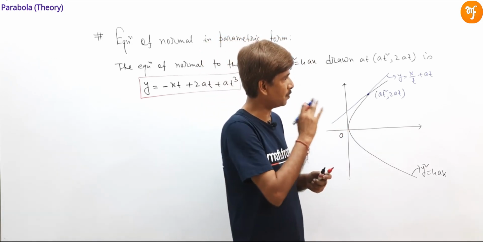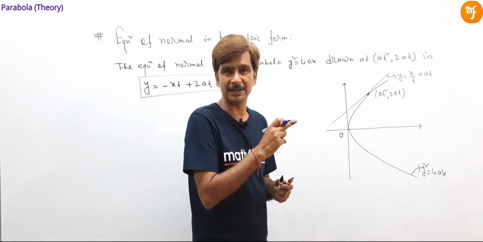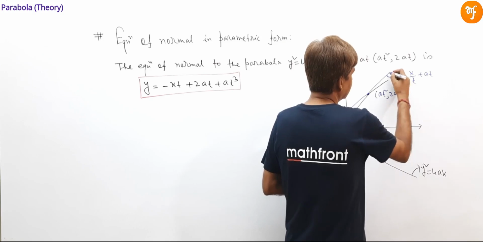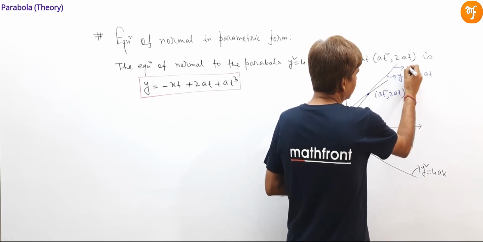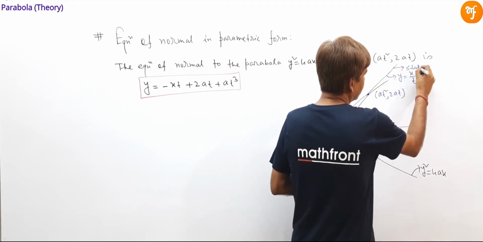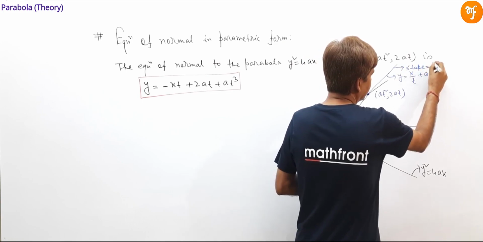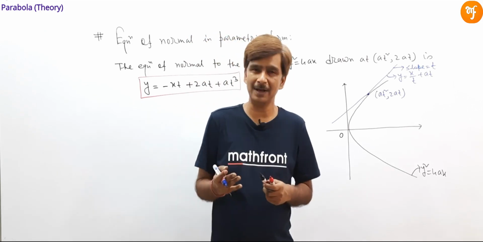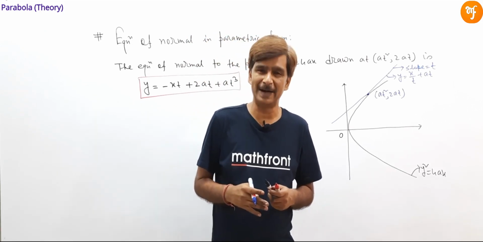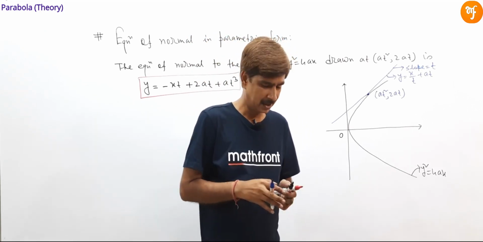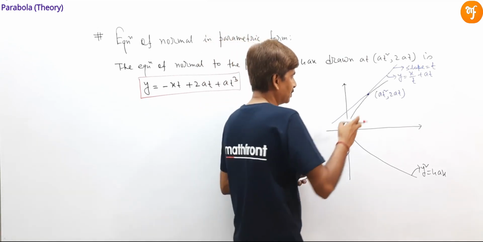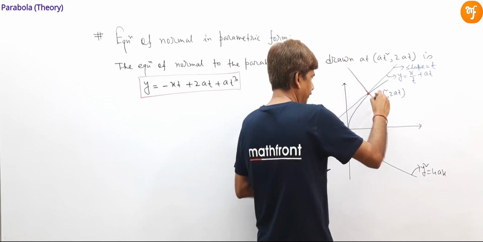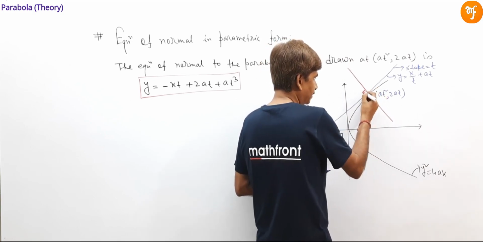So what is the slope of the tangent? The slope of the tangent is 1/t. So we can write the tangent has slope 1/t. Okay. So what will be the slope of the normal? The slope of the normal will be -1/t. Is not it? So drawing the normal at the point of contact, this is normal.